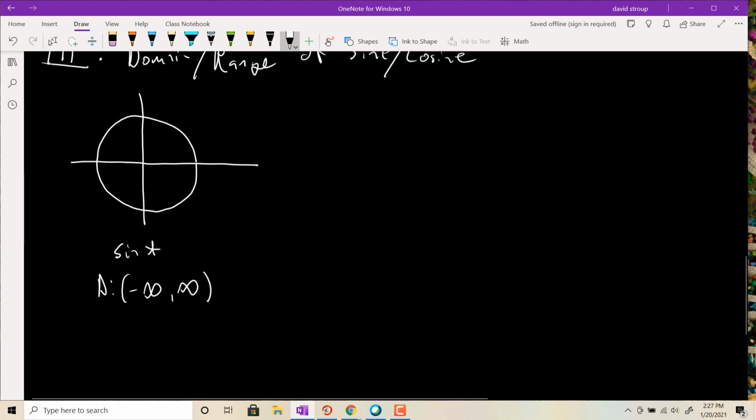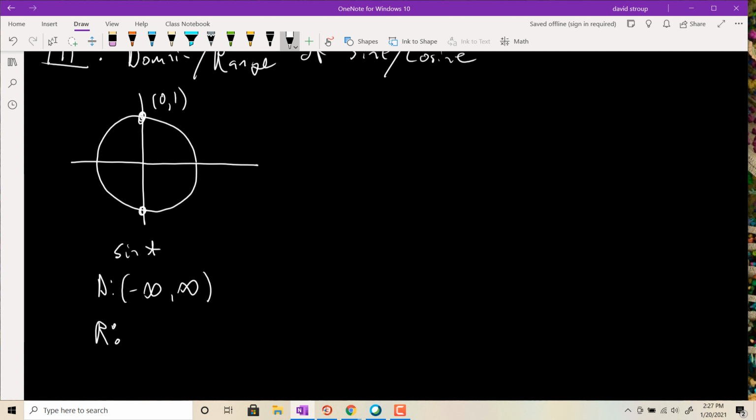The range, then, you're kind of looking at the y values, right? Because sine of the angle, the output, is always going to be the y values. And what is the biggest y value and what is the smallest y value? Well, on the unit circle, those 2 points will give you what you're after.